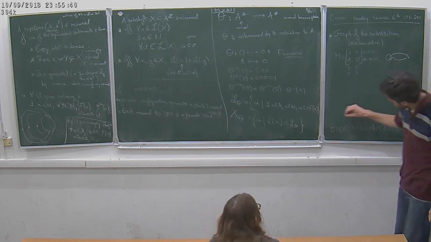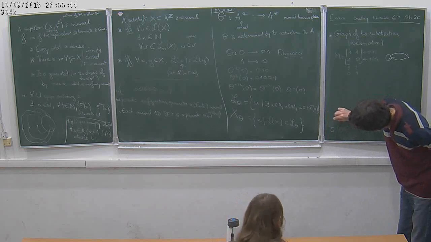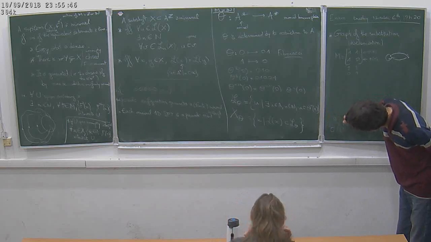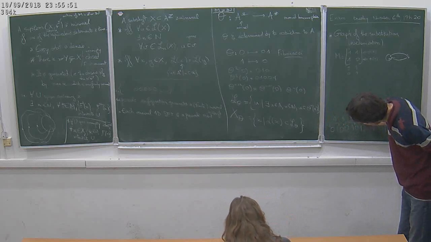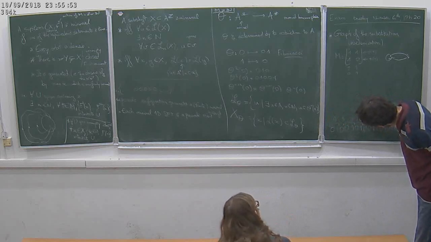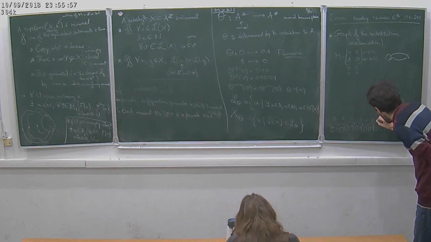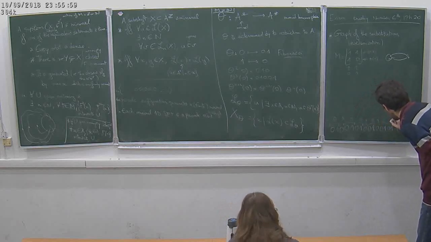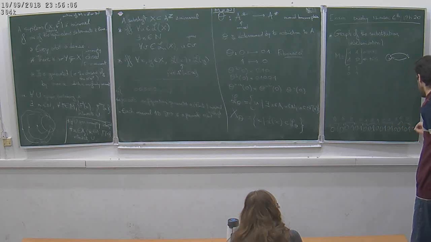So for example, this is theta of 0, this is theta of 1, this is theta of 0, 0, 1, 0, 1, 0, 0, 1, 0, 0.